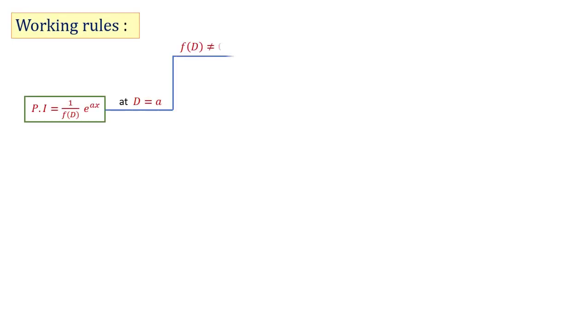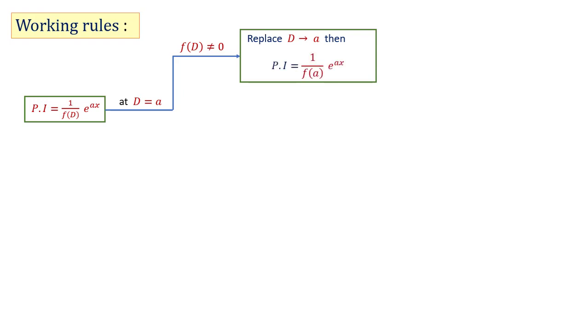Now we will discuss different working rules which we can use to find the particular integral. At D is equal to a, if f(a) is not equal to 0, then replace D by a and we get the particular integral, which is 1 upon f(a) e power ax.